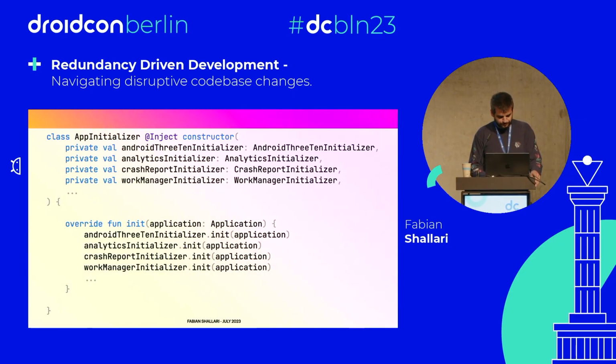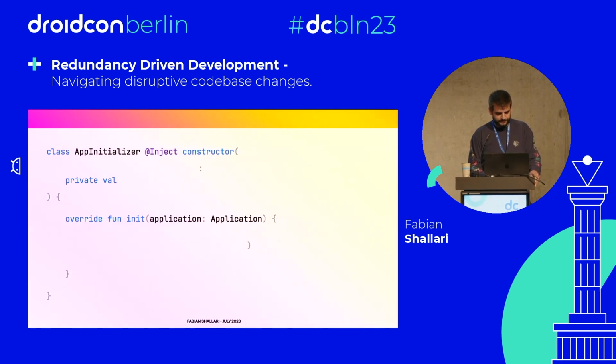And in the init method, there's something which is not so obvious, which is that order matters, right? So here, the work manager needs to initialize after the crash report, and the crash report needs to initialize after the analytics, and so on and so forth. And basically, this is kind of an implicit order in the init method.